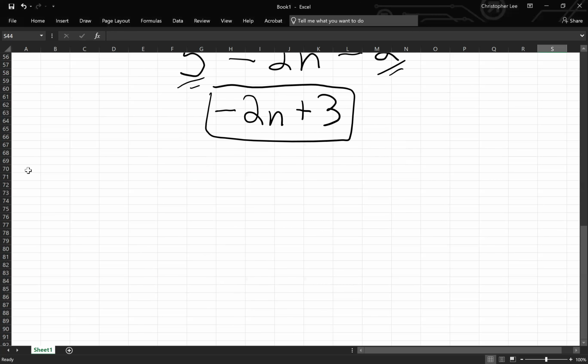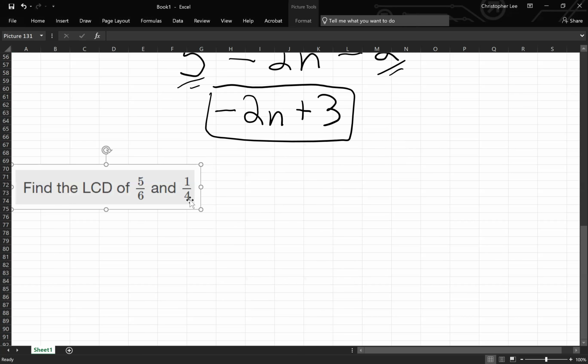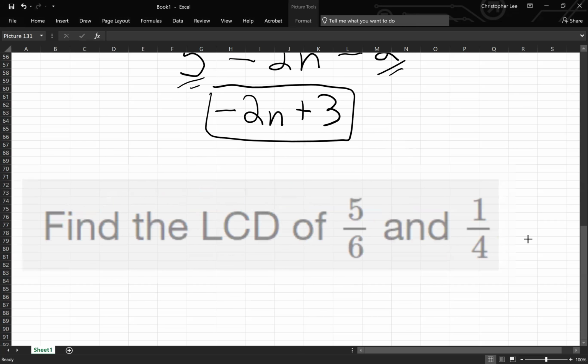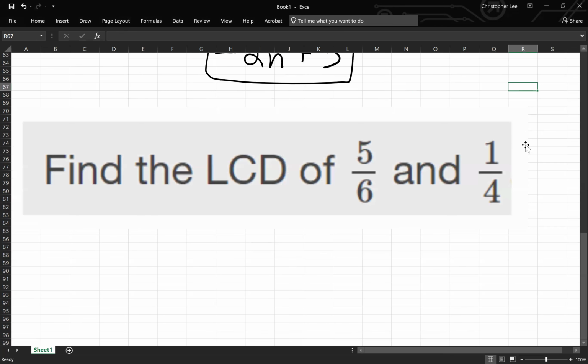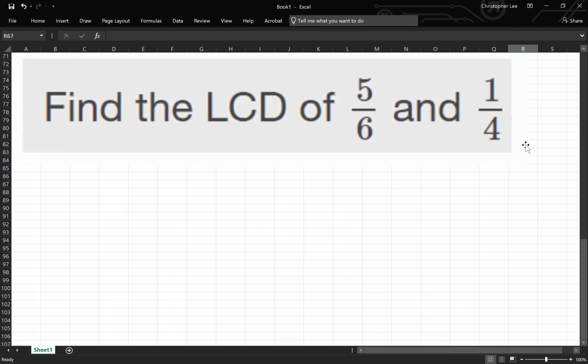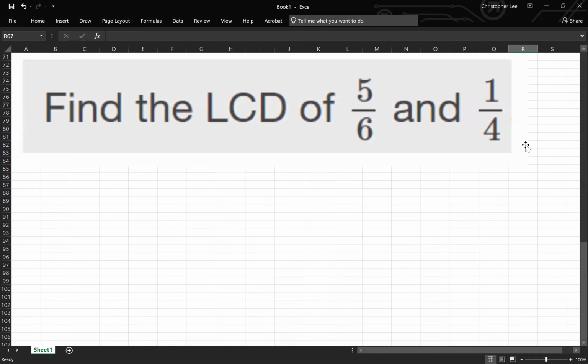Let's try another one. How do I do this? I want the LCD of 5/6 and 1/4. What do I do? The whole time.